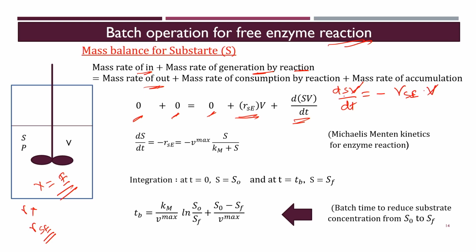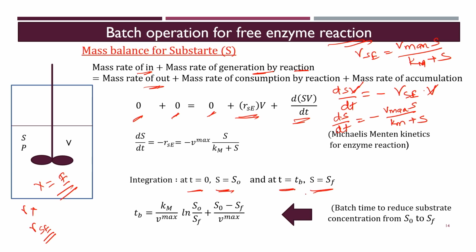V can be cancelled out, we are assuming constant volume, and we are assuming this enzymatic reaction follows Michaelis-Menten kinetics. So, RSE equals V max S upon Km plus S. So, this becomes dS upon dt equals minus V max S upon Km plus S. We can quickly integrate at t equal to 0, S equals S naught, and t equal to TB, S equals SF.